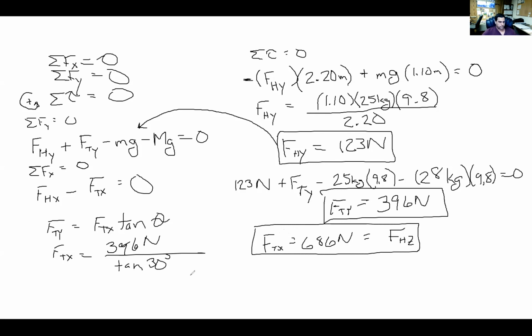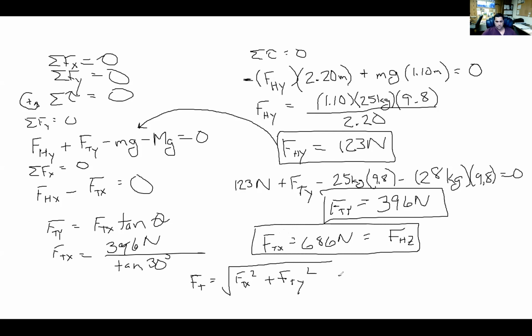Now, if I want just the tension in the cable, right? Because I have this resolved into its X and Y forces. Okay. It's just Pythagorean's theorem. Ftx squared plus Fty squared.